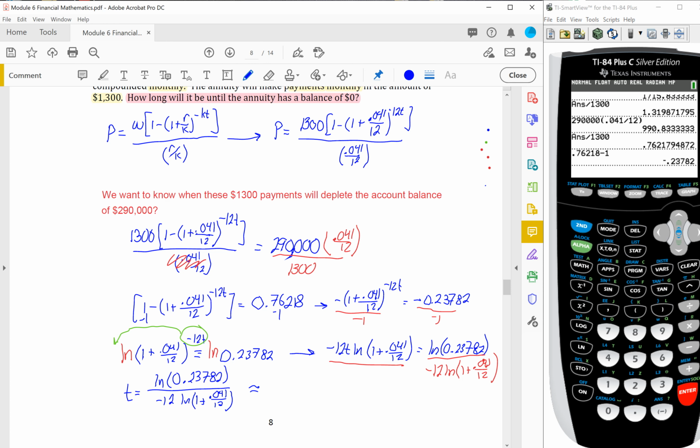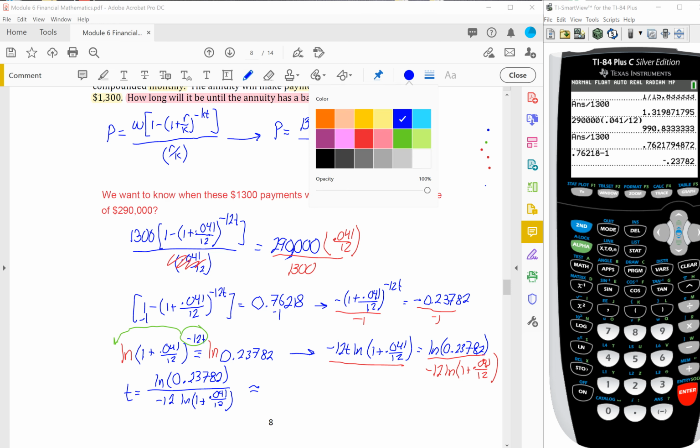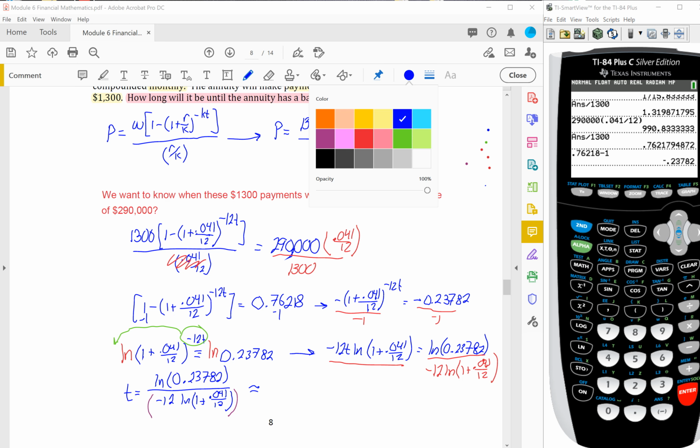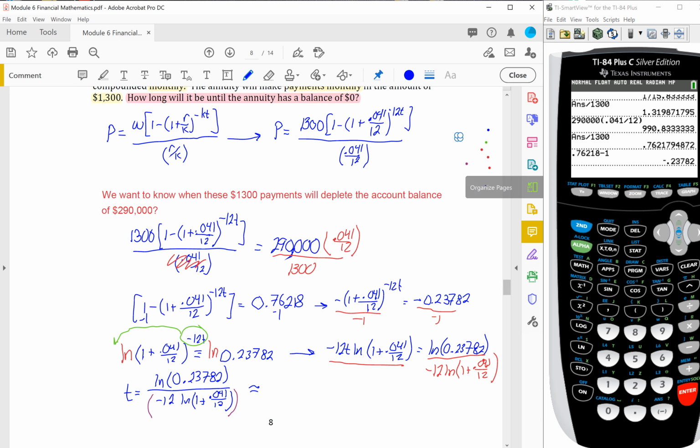And now I'll use our calculator to approximate this. Now again, with your calculator, it could be different than mine, but I'm going to put a pair of grouping symbols here just to make sure my calculator realizes all this is the denominator. Okay, let's see what we get.